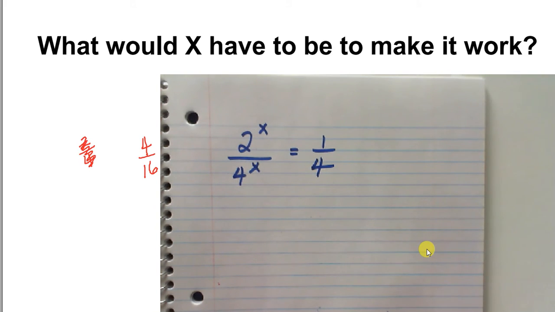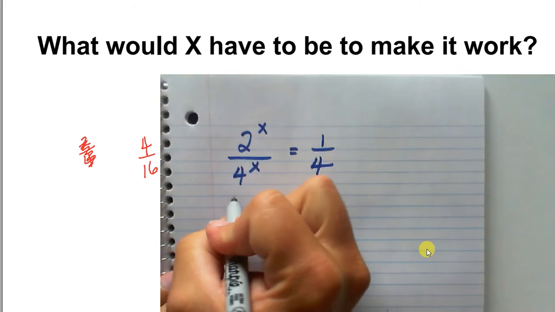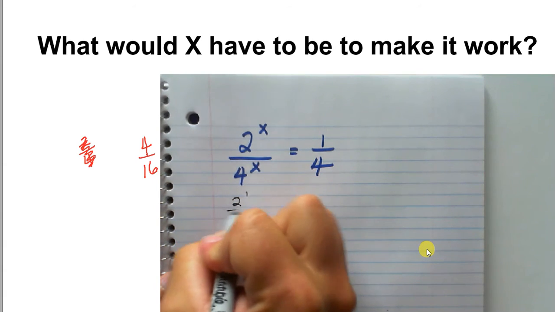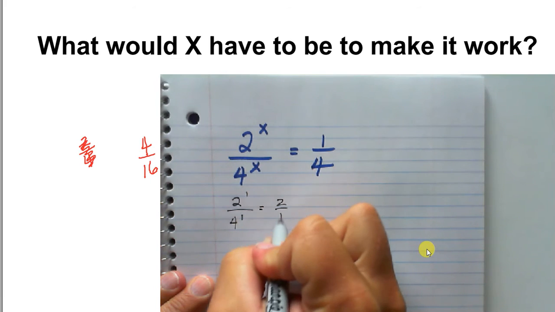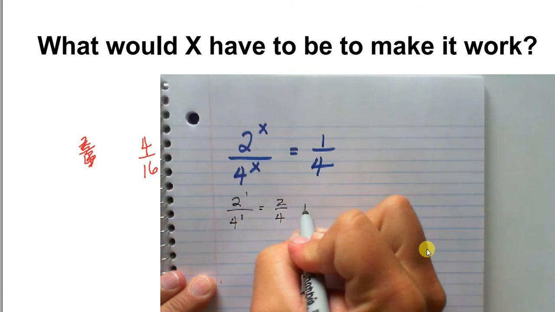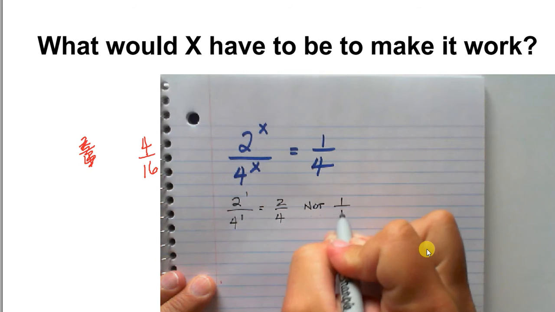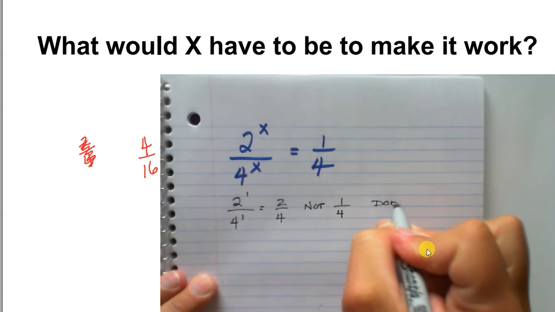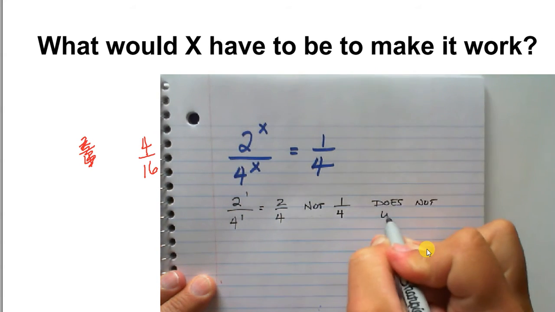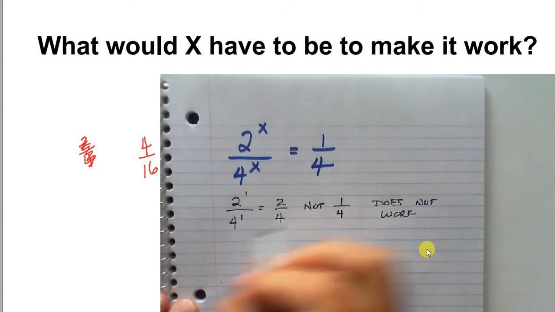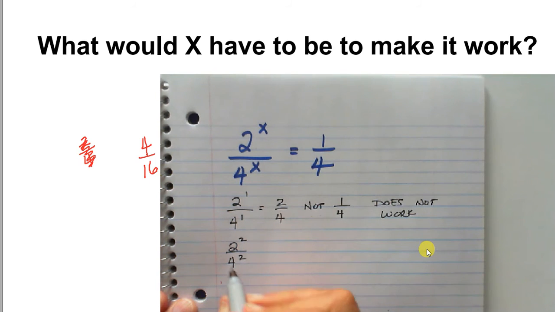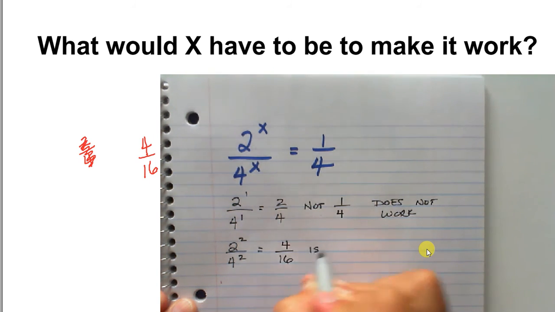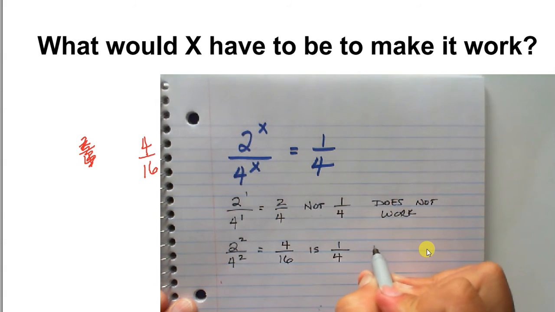We'll try both those examples I just did. 2 to the first over 4 to the first equals 2 over 4. Not 1/4, so it does not work. How about 2 to the second over 4 to the second? Well, that's 4 over 16, which is 1/4, so it does work.